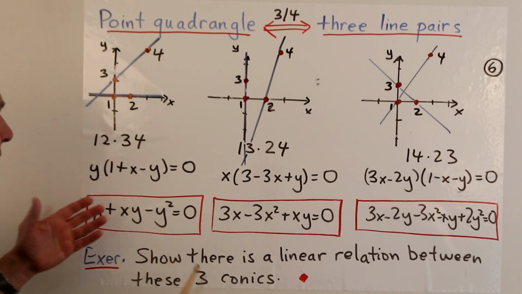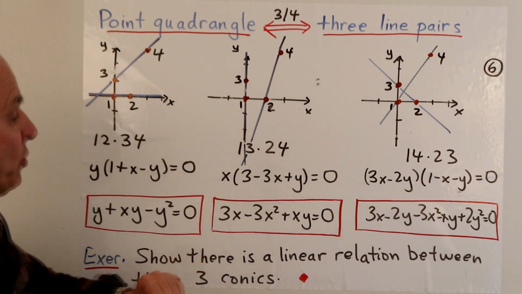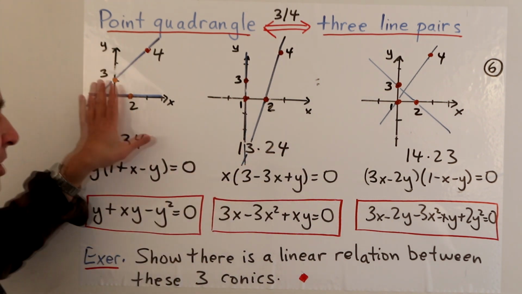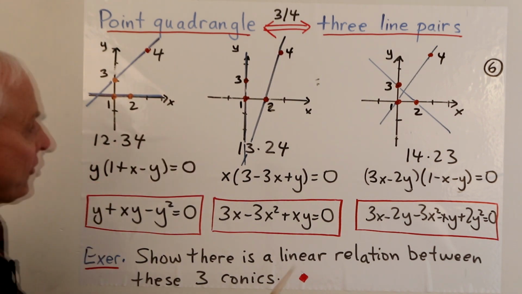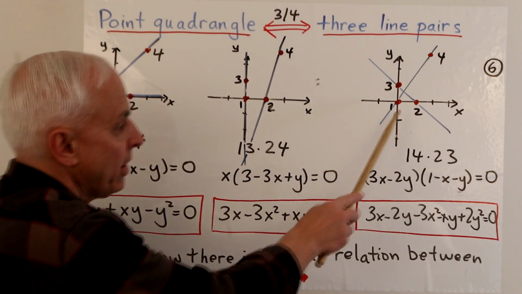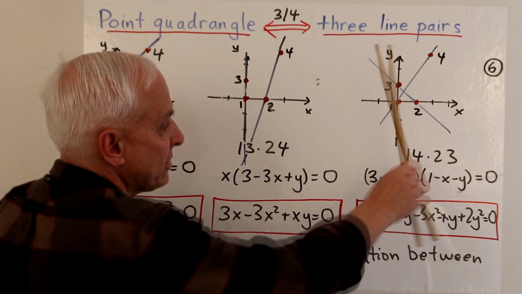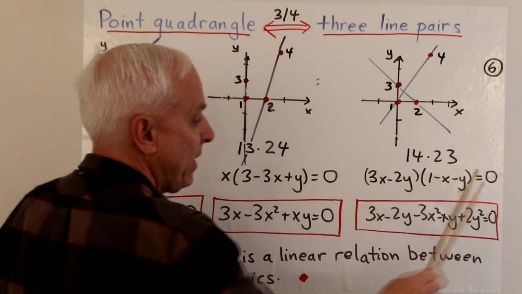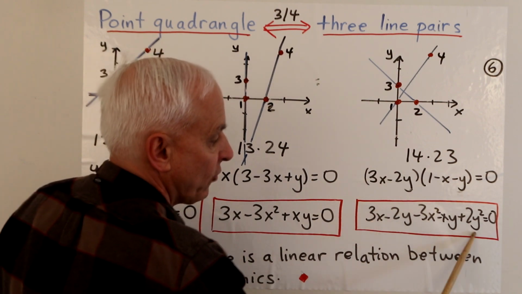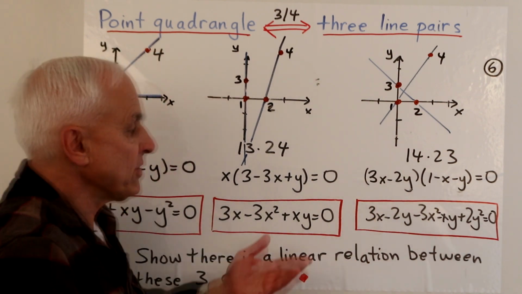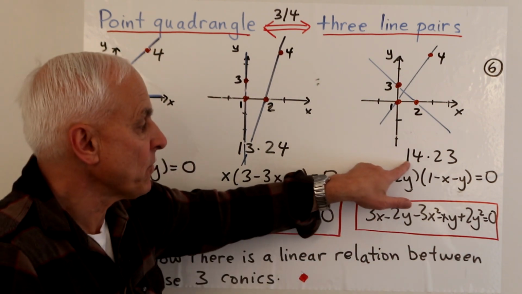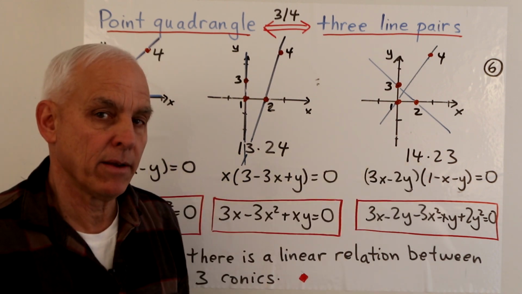So let's illustrate that with the example that I already have shown you, where we have these 4 points in the Cartesian plane. This is the one I've already just shown you, where we have this product of lines 1, 4 and 2, 3, and when we expand that out, we get this one here. So we've already seen this one, and this really corresponds to the meet 1, 4, 2, 3.